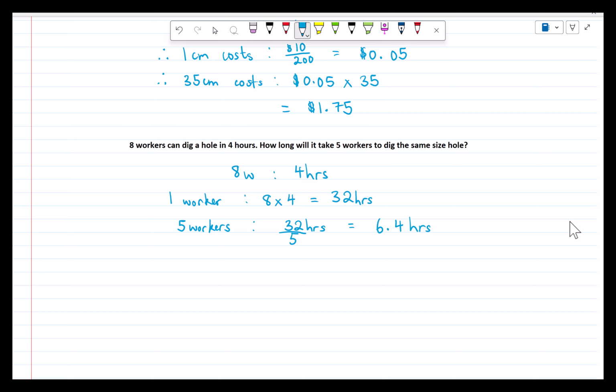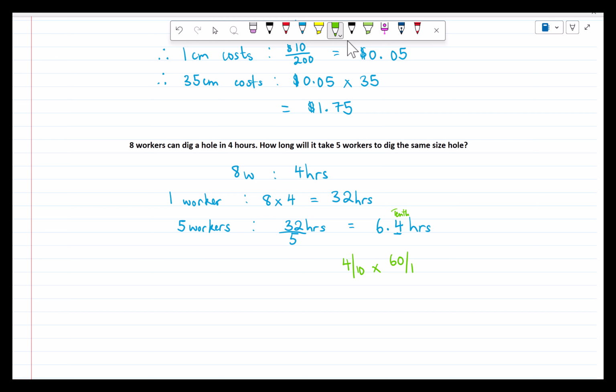But we do not want to leave it as a decimal as 6.4. So we are going to change this into minutes. And to change this into minutes, since we have 0.4, this is a tenth. The first number after the decimal is a tenth. So we have 4 over 10 multiplied by 60 over 1.